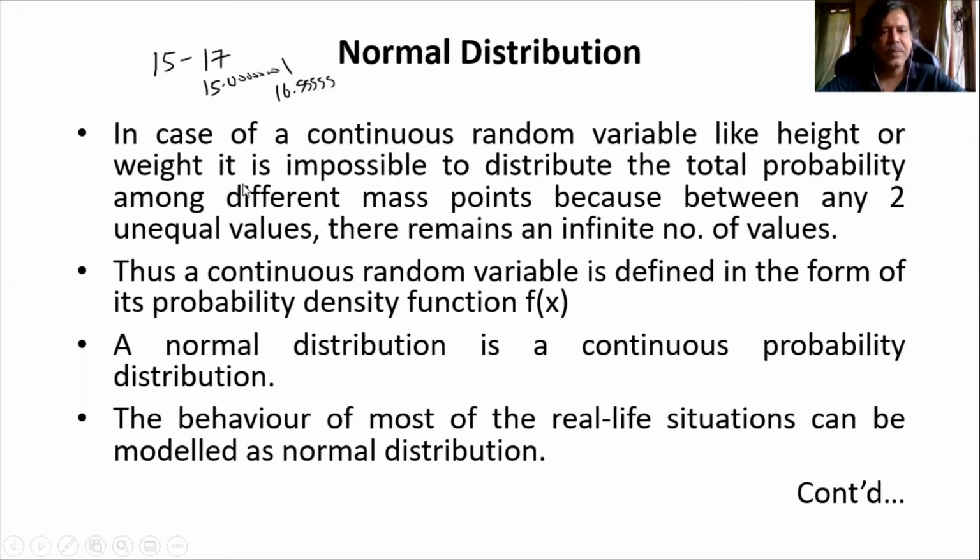So it becomes continuous in that case. Thus, a continuous random variable is defined in the form of a probability density function. We are calling it f of x. So this normal distribution is basically a continuous probability distribution, and most real life situations can be modeled as a normal distribution.